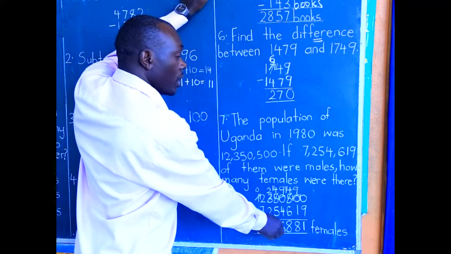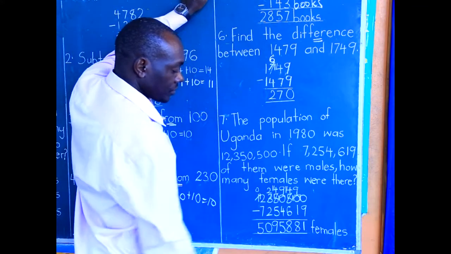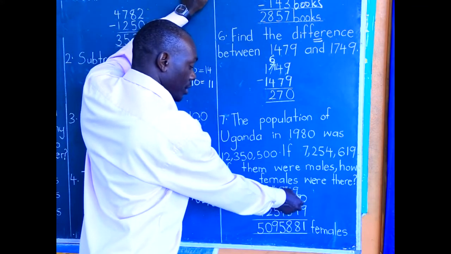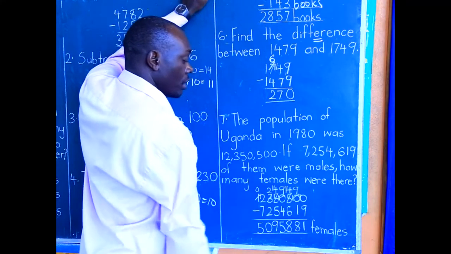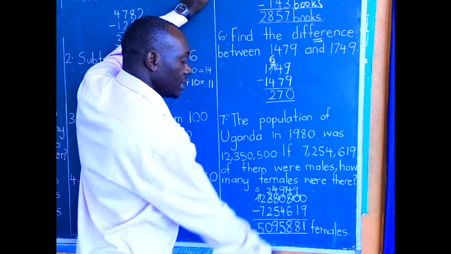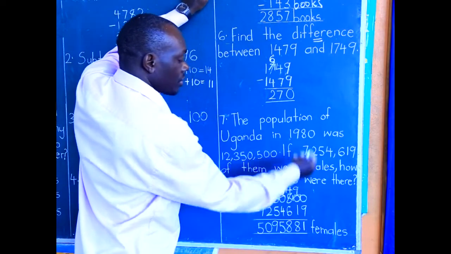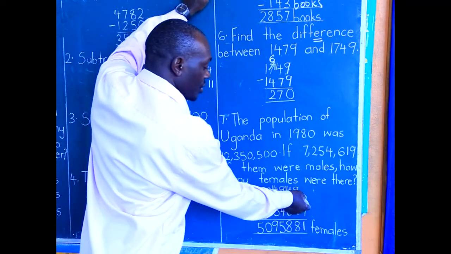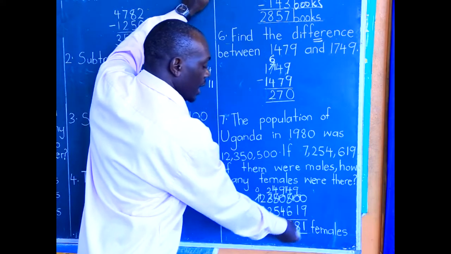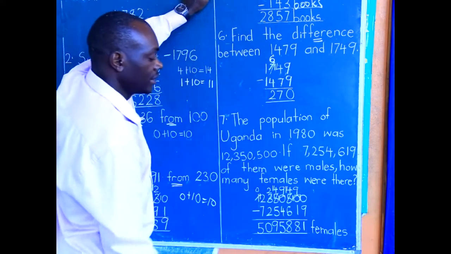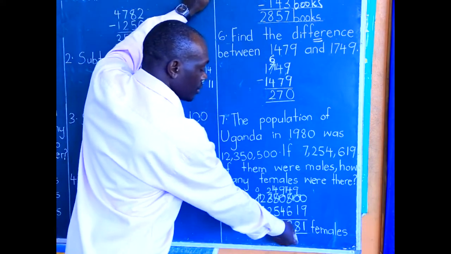So when you borrow 1 from 5, remain with 4. Bring that 10 plus 0, you get 10. Borrow 1 from 10, remain with 9. Bring that 10 to 0 and get 10. Now start subtracting normally. That is 10 minus 9, remain with 1. And now 9 minus 1, you get 8.